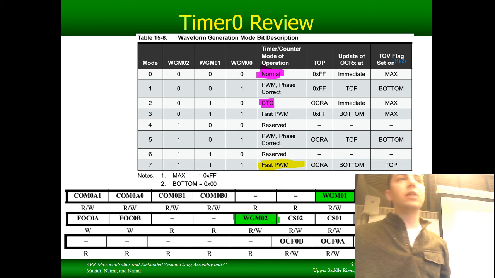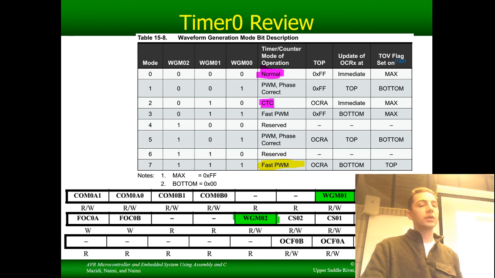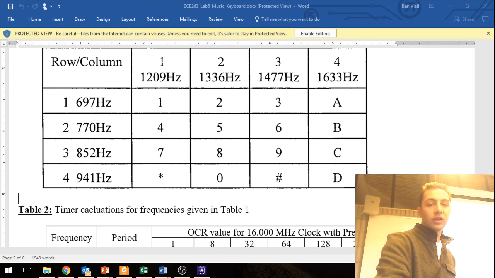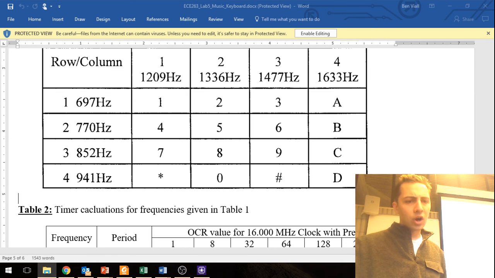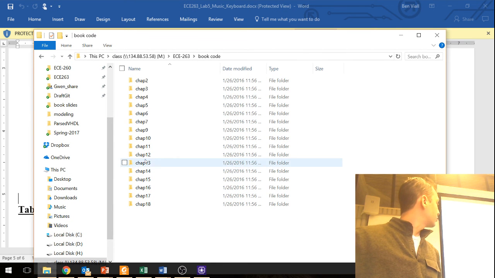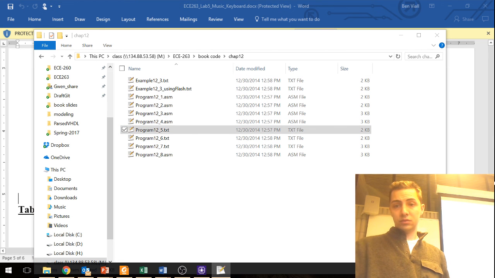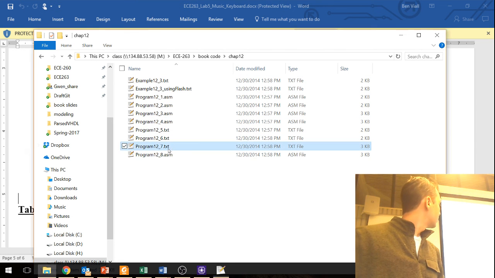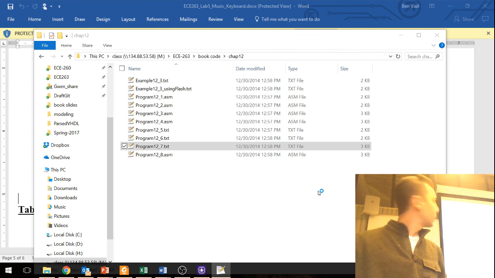I highly recommend you get started looking at that keypad scanning matrix code. It is, again, in chapter 12. There is a folder on the M drive called book code. It is separated into chapters. Chances are one of these, that's LCD. 12.7, that's also LCD.